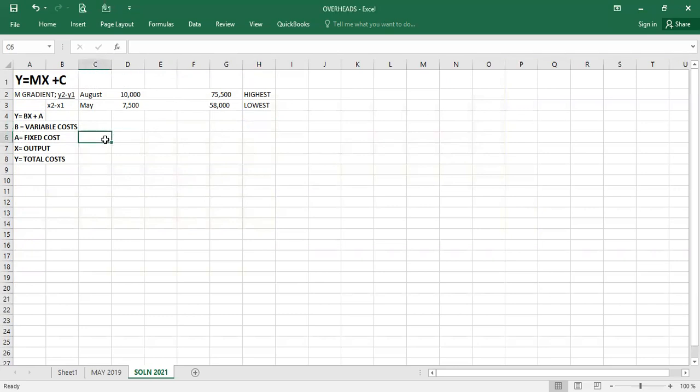So when you are finding the variable cost, because we say the gradient is the same as the variable cost per unit, this one is supposed to be variable cost per unit.